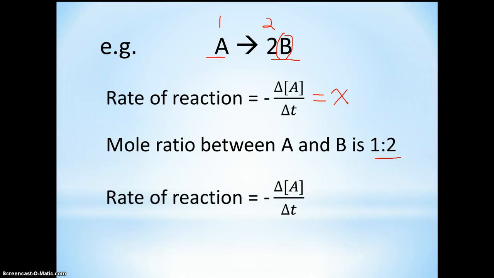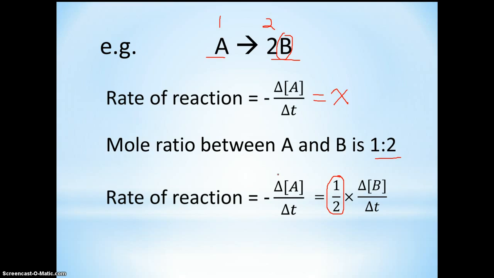That means the rate of reaction calculated by B will be twice as fast as A. So we have to multiply this number by 2, and then you will know the rate of reaction of the change of A.